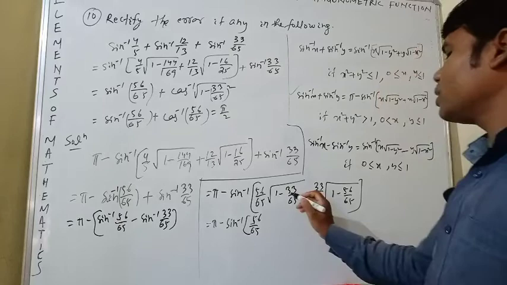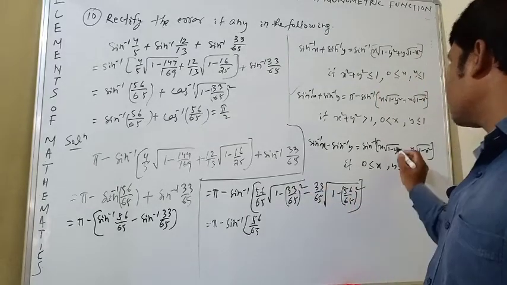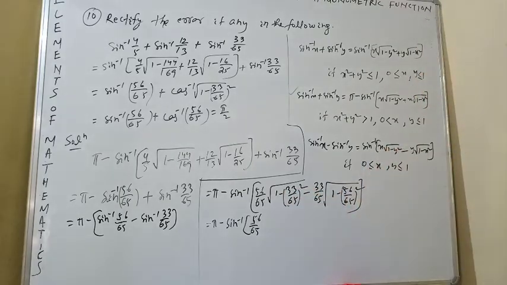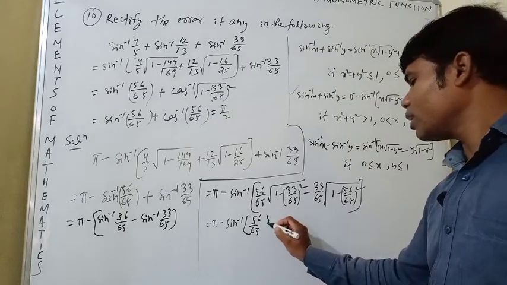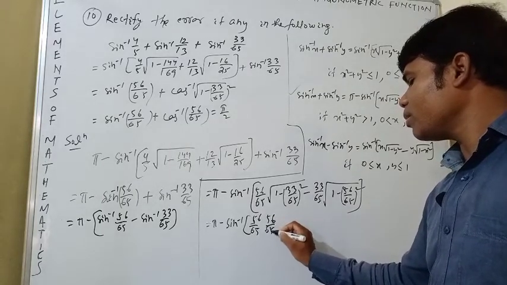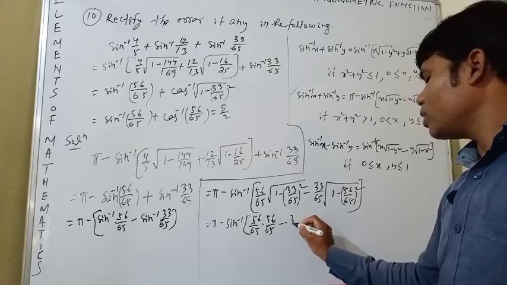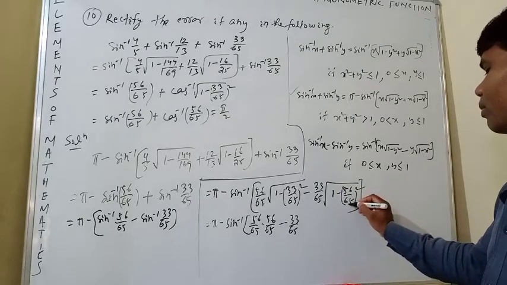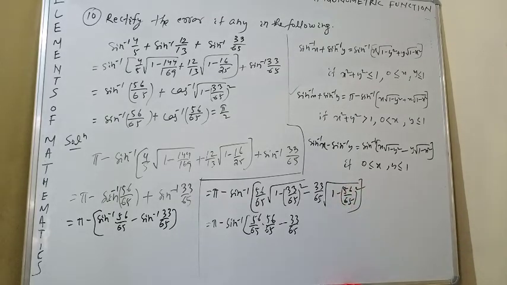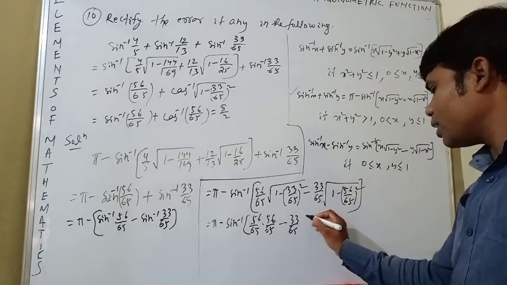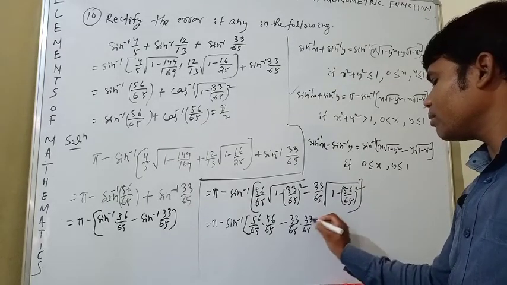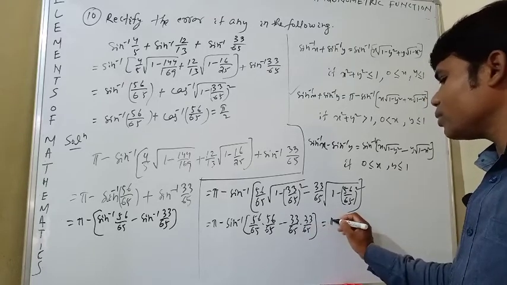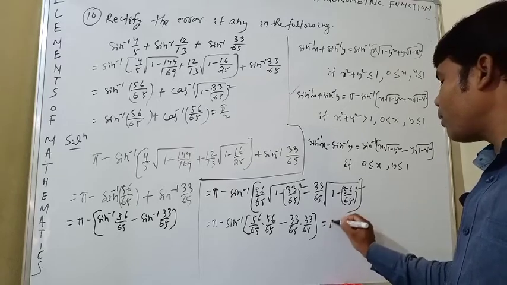If you simplify root over 1 minus (33 by 65) whole square, you get 56 by 65. If you simplify root over 1 minus (56 by 65) whole square, you can get 33 by 65. You simplify yourself.